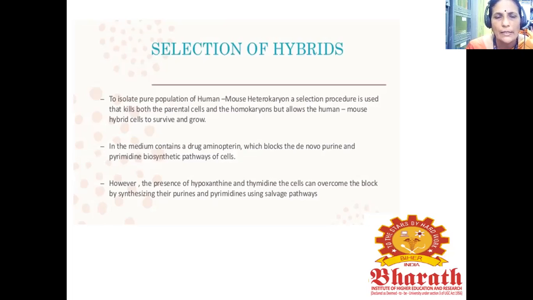So how do we select the hybrids? The medium contains the drug aminopterin, which blocks the de novo purine and pyrimidine biosynthetic pathways of cells.